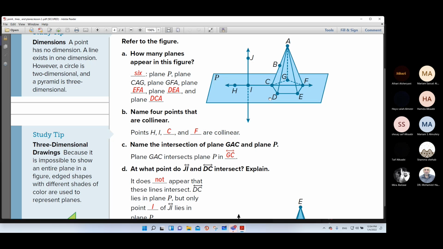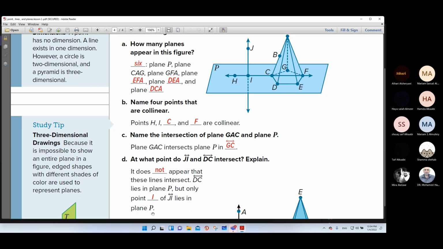No, we don't have a common point here. So it means not intersecting. It doesn't appear that these lines intersect. DC lies in plane B, but only point I of GI lies in plane B.